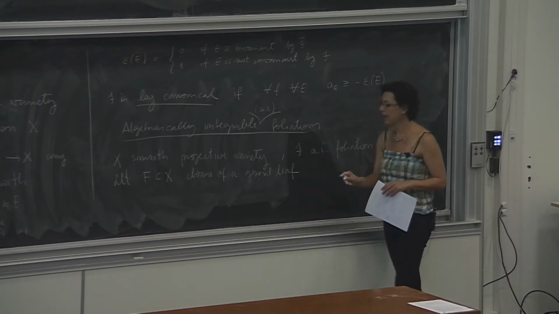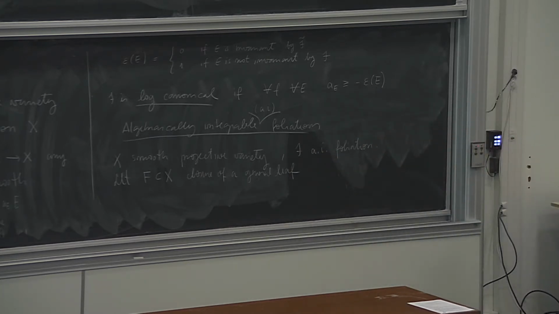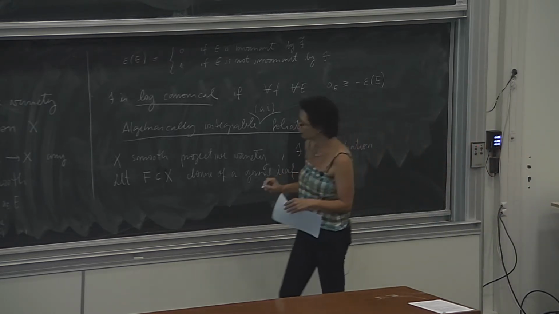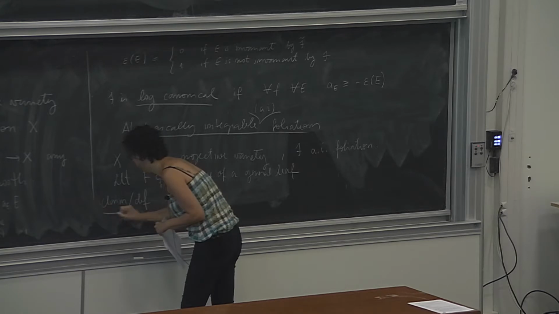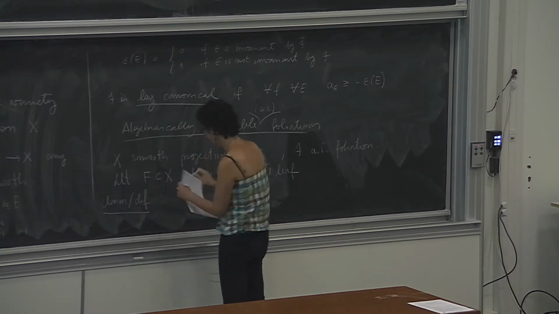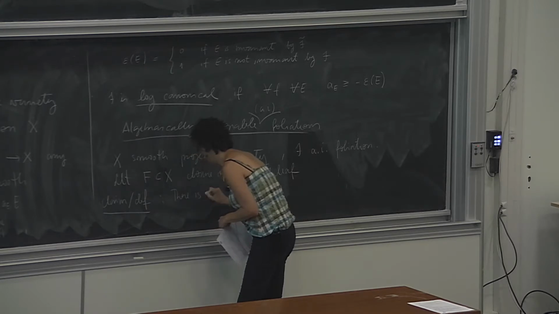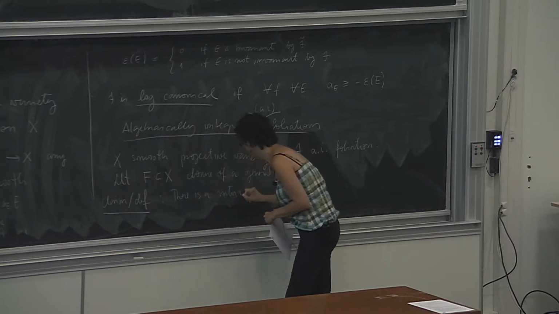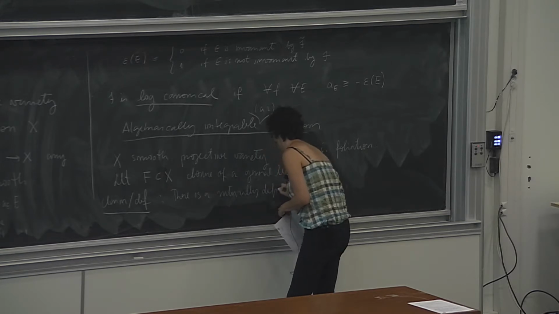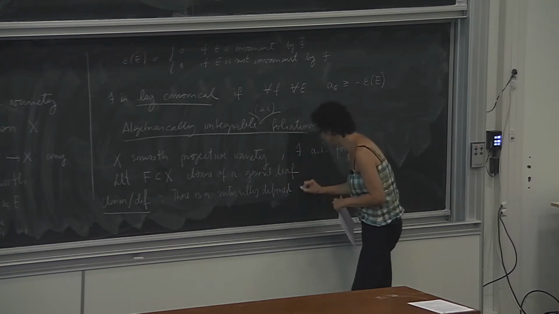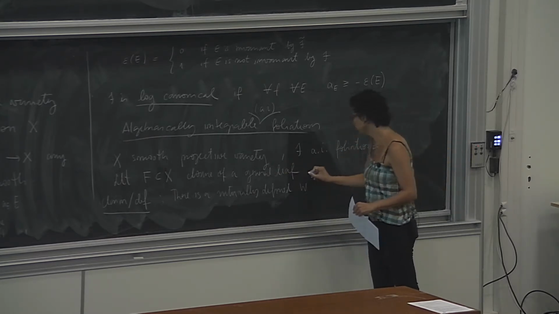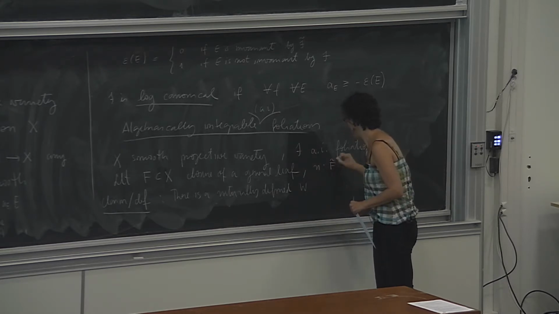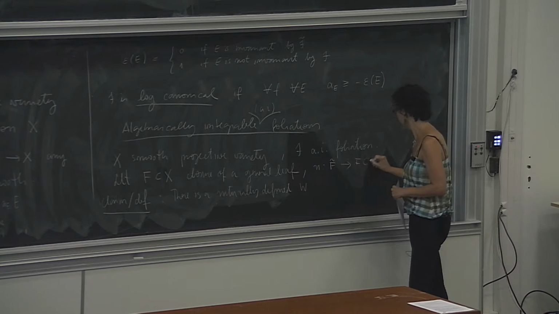And now comes the natural log pair that we can associate to F. So the claim is the following. There is a naturally defined Weil divisor. Maybe I want to work on the normalization. Let's take the closure of a general leaf, and let me call F tilde the normalization.